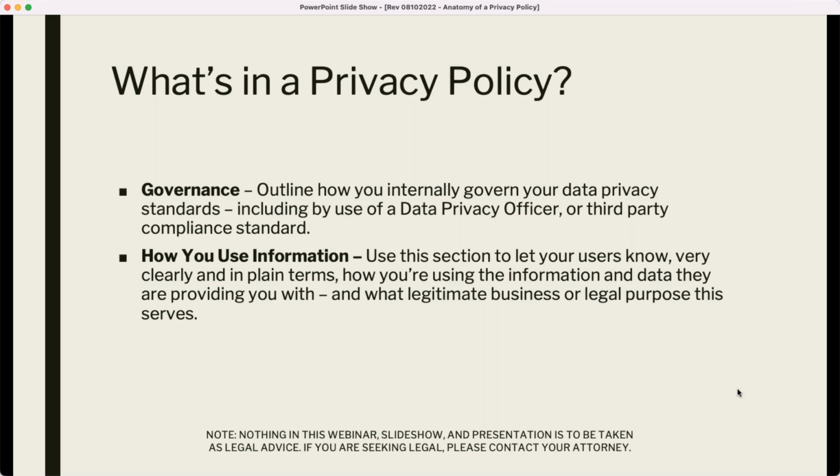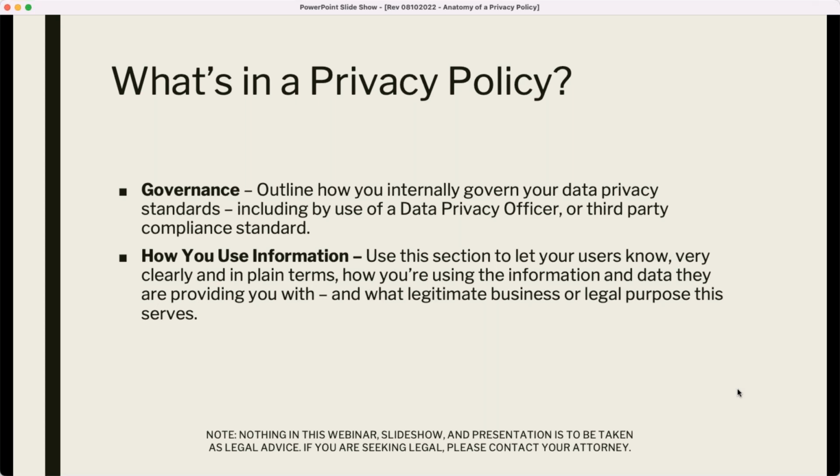So for example's sake, if you're simply collecting someone's information, their name, address, telephone number, so that you can call them back, you can write that. You could say that, hey, we provide a service, you requested information about our business, we're just going to call you back. That's the business purpose, and we have consent from you because you entered into this form.